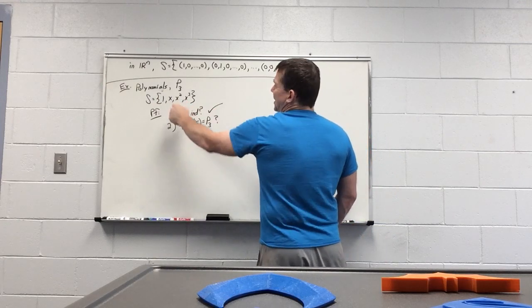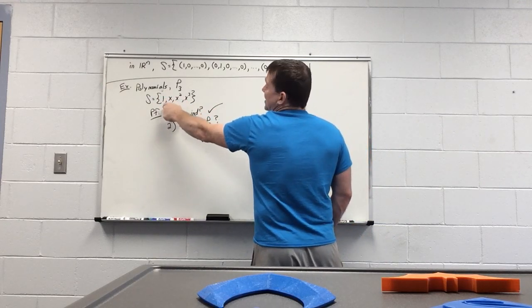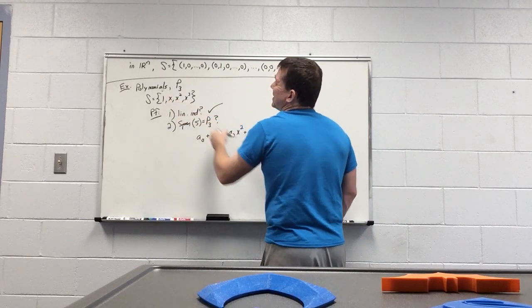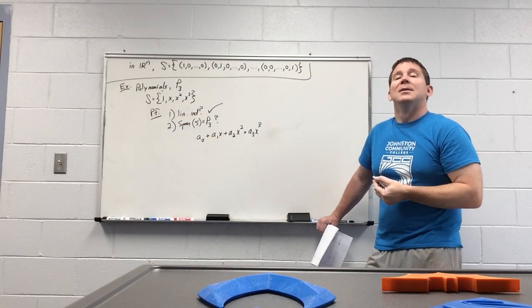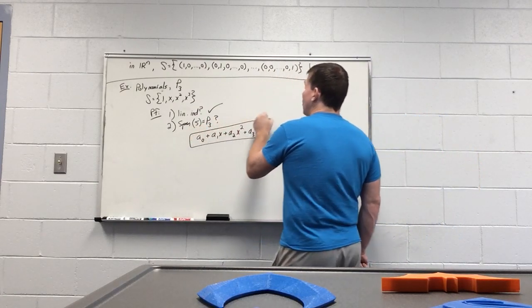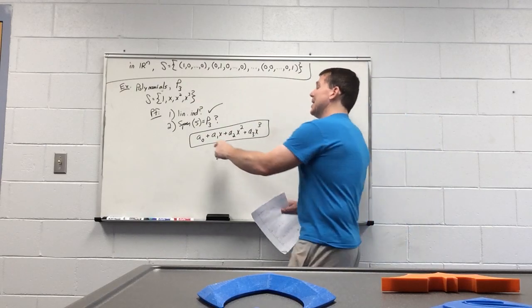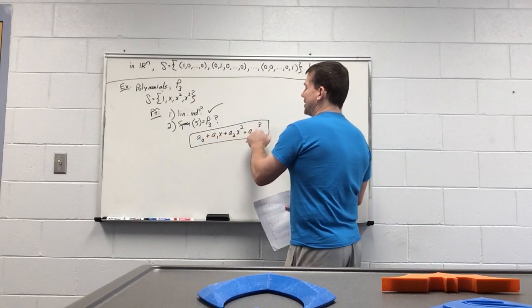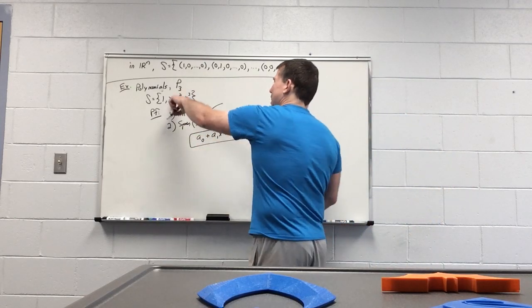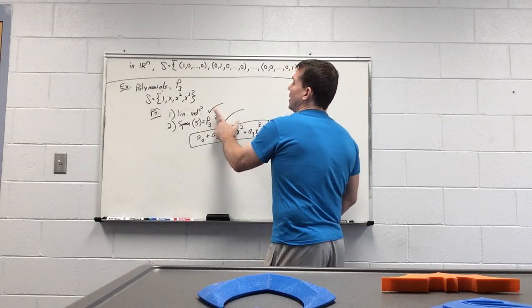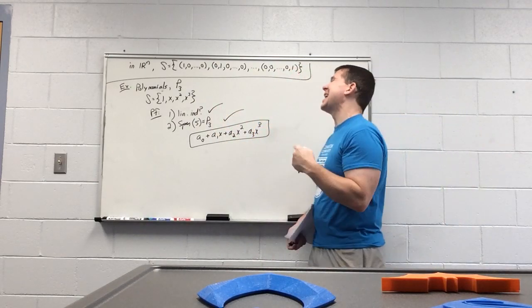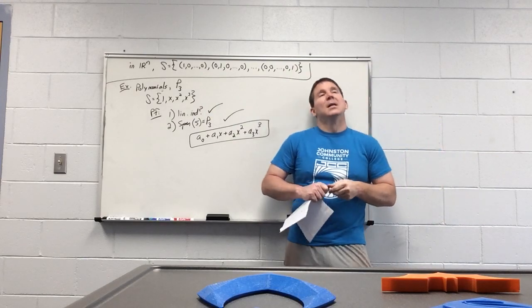It would just be the combination: a sub 0 times 1 plus a sub 1 times x plus a sub 2 times x squared, and so on. So again, just by the actual definition of the polynomial, that gets generated by 1, x, x squared, and x cubed. So clearly, those will span P3. So they're linearly independent, they span P3, that's a basis for P3.